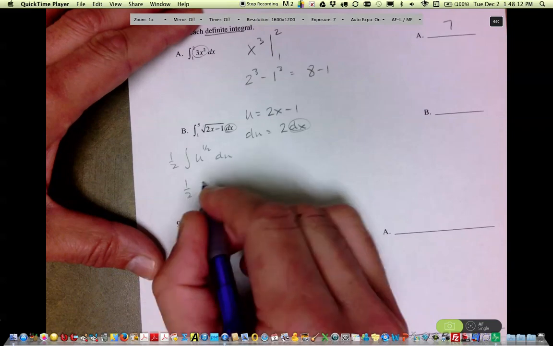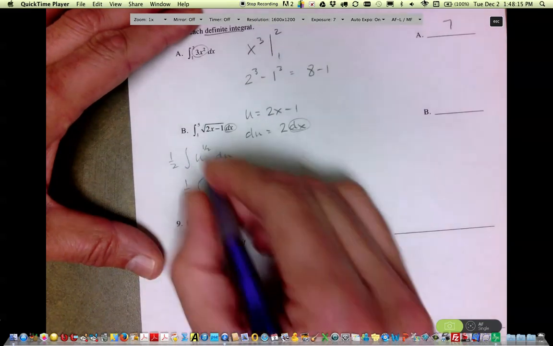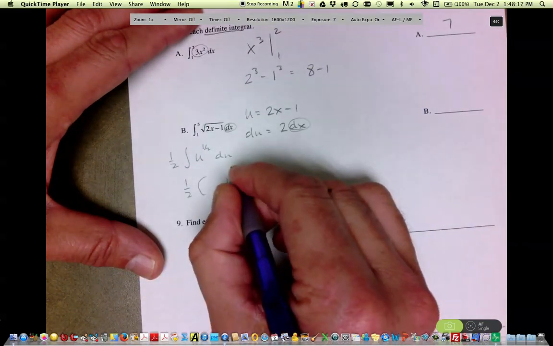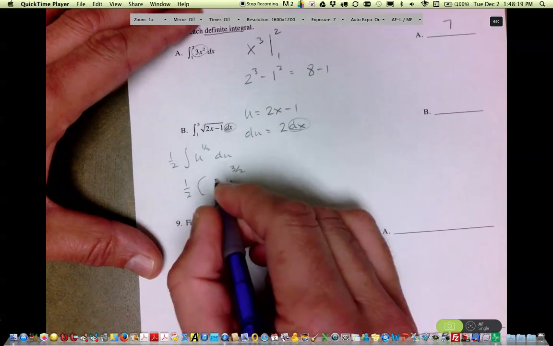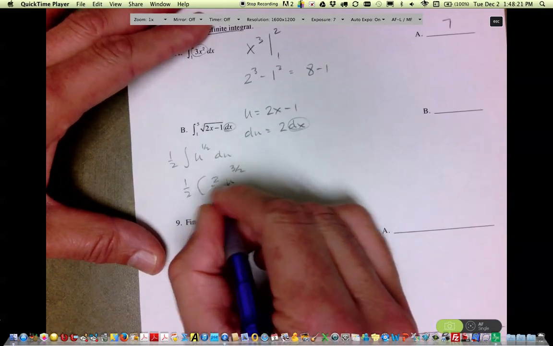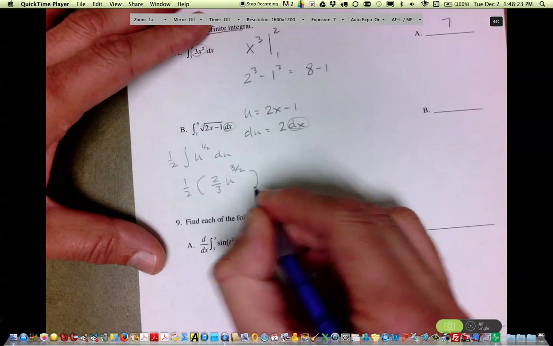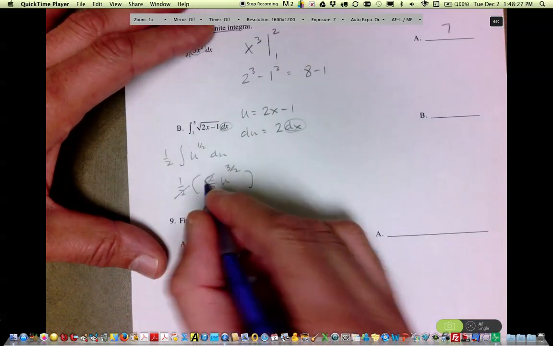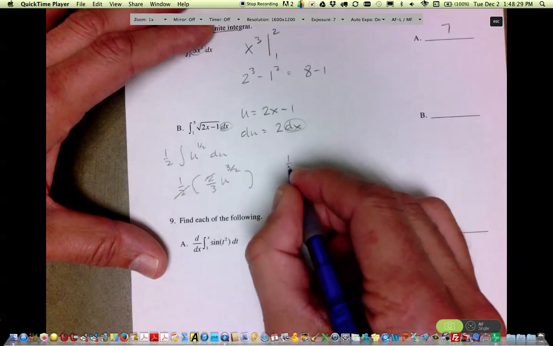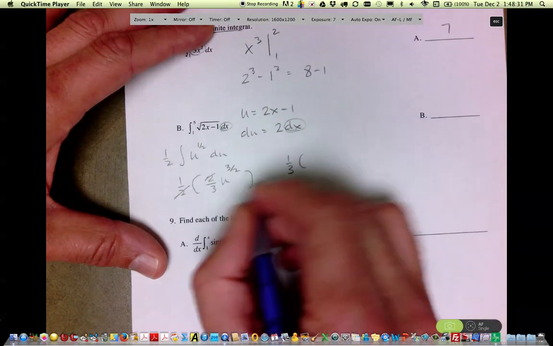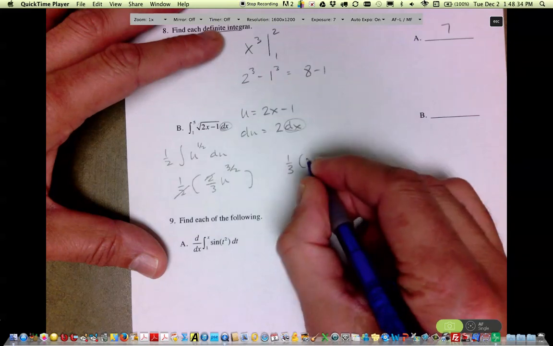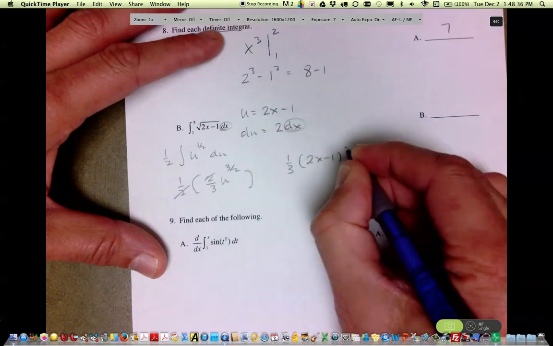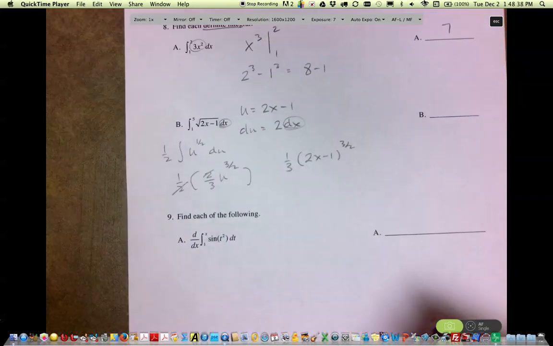So we're going to have 1/2. An antiderivative of this is going to be u to the 3/2. And then dividing by 3/2 is the same thing as multiplying by 2/3. And so an antiderivative of this, these 2's are going to cancel. We're going to get 1/3 and then u to the 3/2, and u was 2x minus 1, so (2x minus 1) to the 3/2.